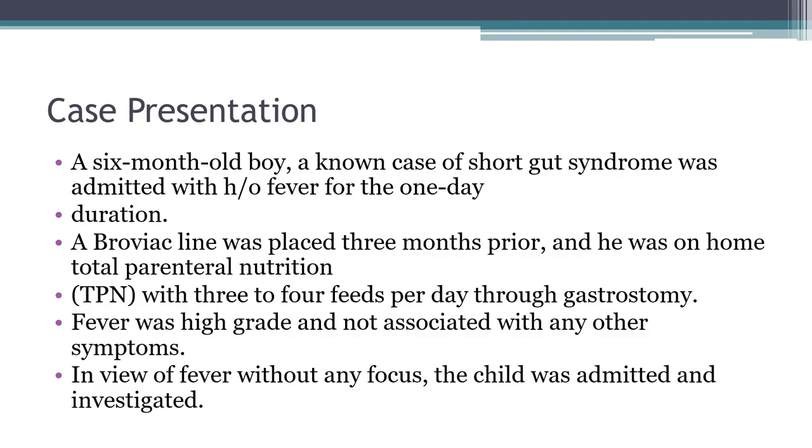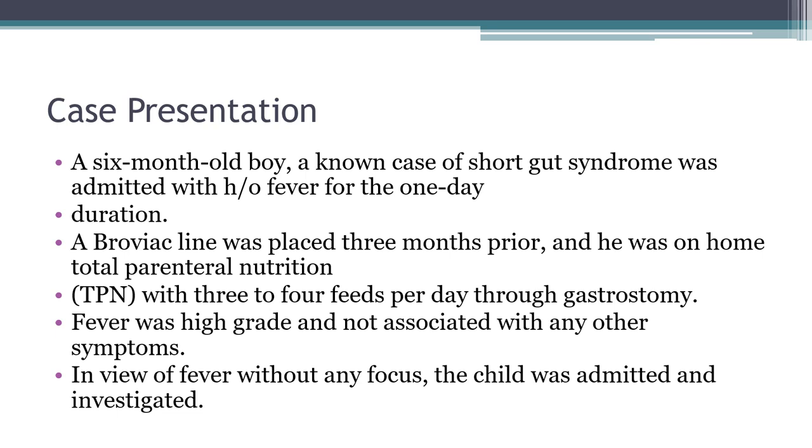Moving on finally to the case presentation itself. The case was about a 6-month-old boy who has a known case of short gut syndrome, secondary to necrotizing enterocolitis that he developed while he was a neonate, which rendered him completely dependent on TPN.